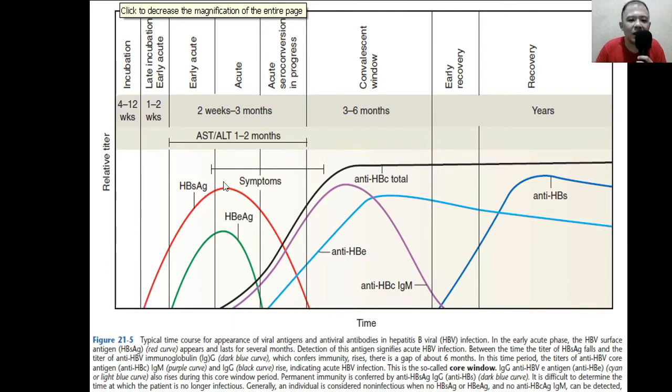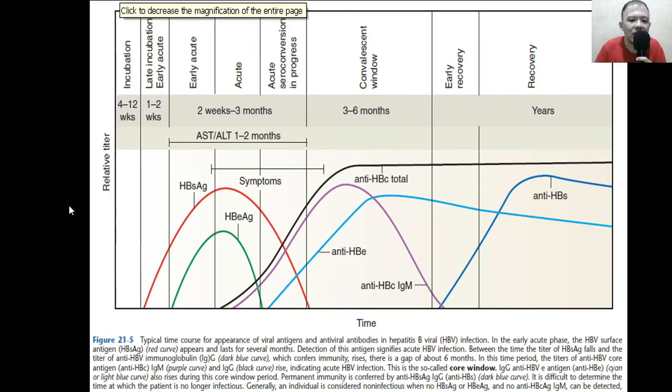By the way, this is the time course of appearance of the antigens and the antibodies. It doesn't mean that at this part the patient does not produce antibodies.